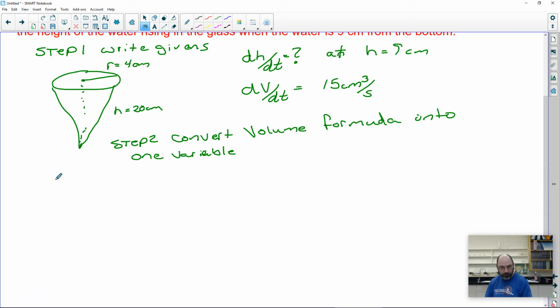Okay, so we know that the volume of a cone is pi r squared h over 3, or 1/3 if you like, but I'm just going to put it over 3 like that. Okay, so we know that.